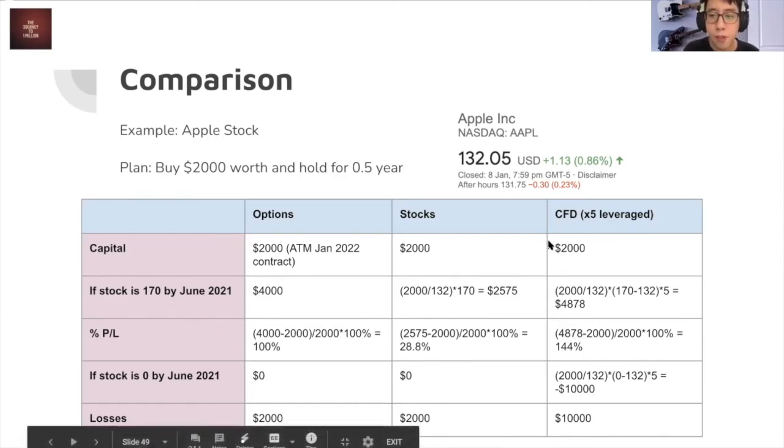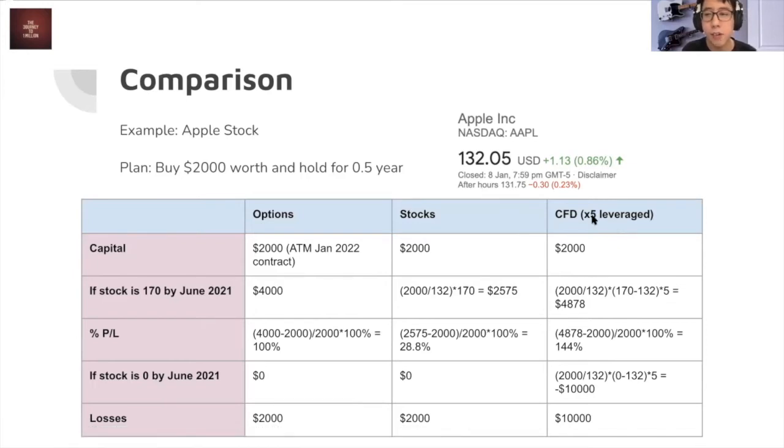But for the third case, which is the CFD, let's say I want to leverage times 5. In the end, the CFD calculation is this. So it's 170 minus 132, times 5, and then you multiply by how many units you bought. So you actually get a higher return, which is 4,878 and 144% return.